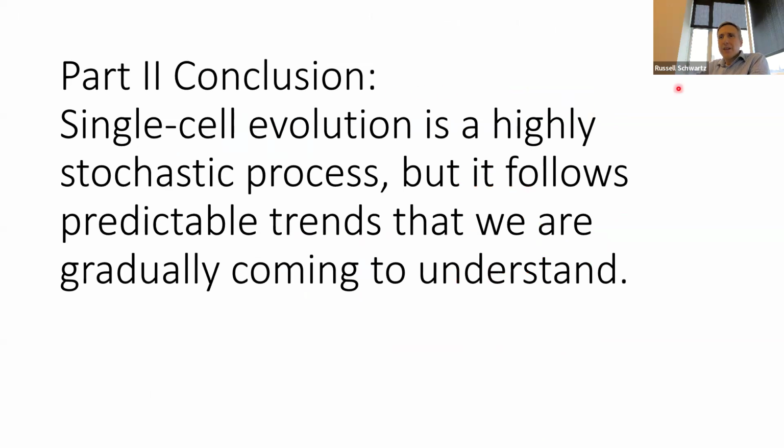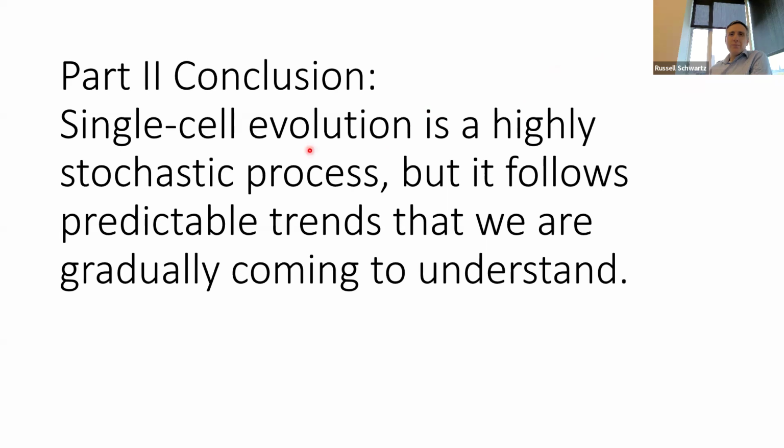And that kind of brings me to the second conclusion of this talk, which is that single cell evolution is a highly stochastic process, but it follows predictable trends, and we are coming to understand these. And through interpretable machine learning methods, we're starting to gain an idea for what's important in shaping those evolutionary trajectories that I think potentially could be controlled.